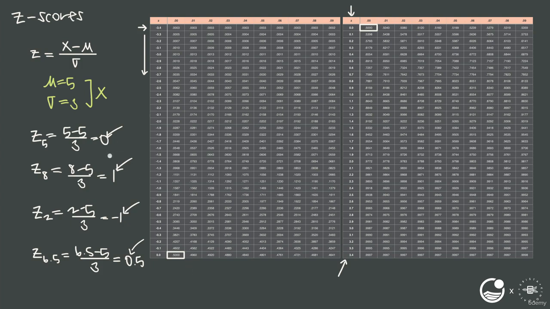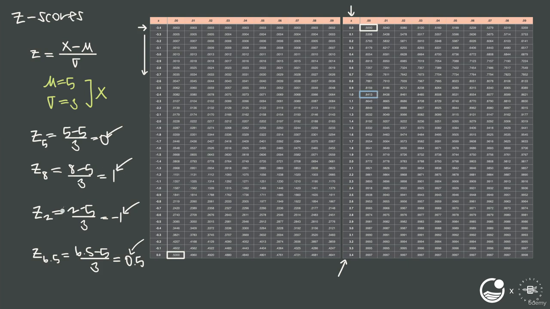If we want to look up a z-score of 1, well, this is a positive 1 here, so we're going to be in this right-hand side of the table. We're looking for positive 1. Well, we find that at 1.00, and so we see this value right here, which is 0.8413. That tells us that about 84% of the data, or 84.13% of the area under the standard normal distribution, lies to the left of z equals 1.